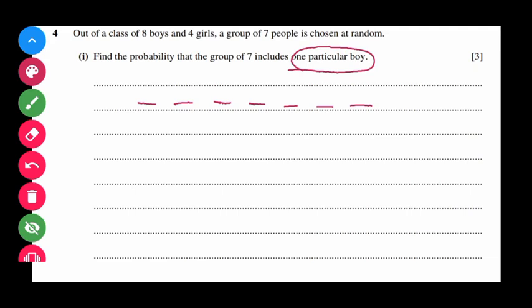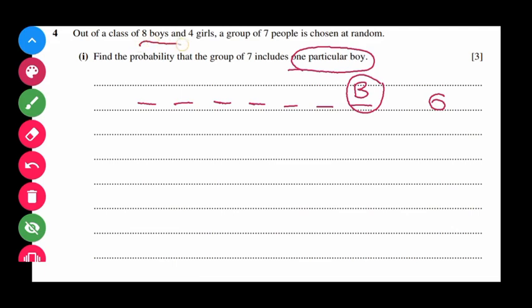How many selections you do doesn't matter, but one particular boy to be chosen. So he is already a part of any group. That means out of 7, one place is already filled with a boy. So remaining how many places? Only 6 places.